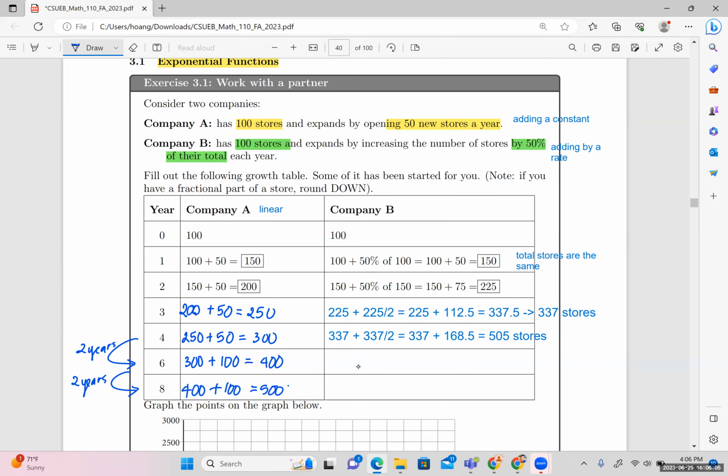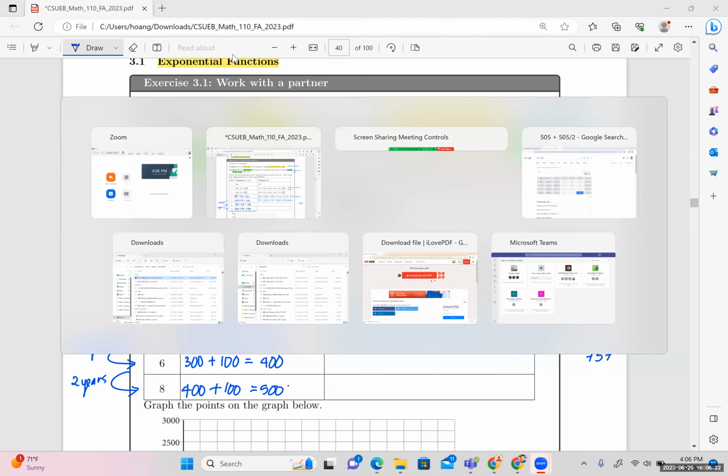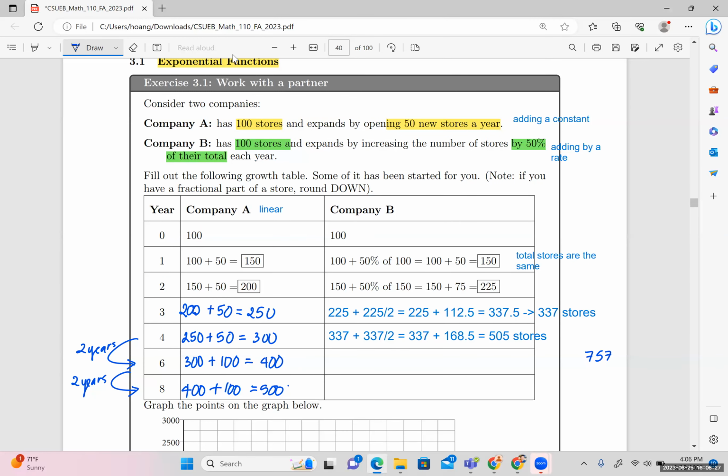The fifth year will be 757. So like if you do as... I actually decide to change my mind and not do 2 years in here. I would like to just do 5 and 6 on it.